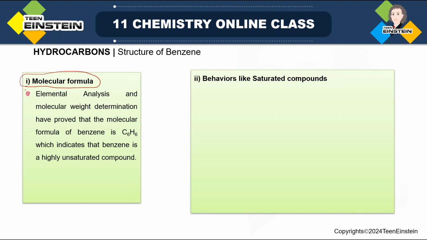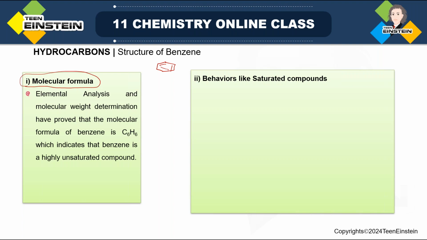Now, how will we approach this topic, the structure of benzene? Just forget about the structure that I have shown. Yes, it is true that benzene has this type of structure, but suppose you do not know this structure. So point-wise, we will do some discussion. The first point is molecular formula, the second point is behaves like saturated compounds.